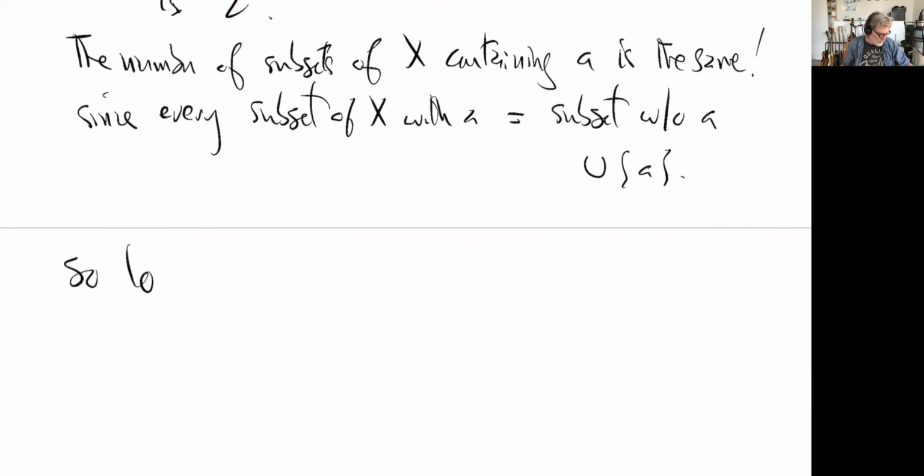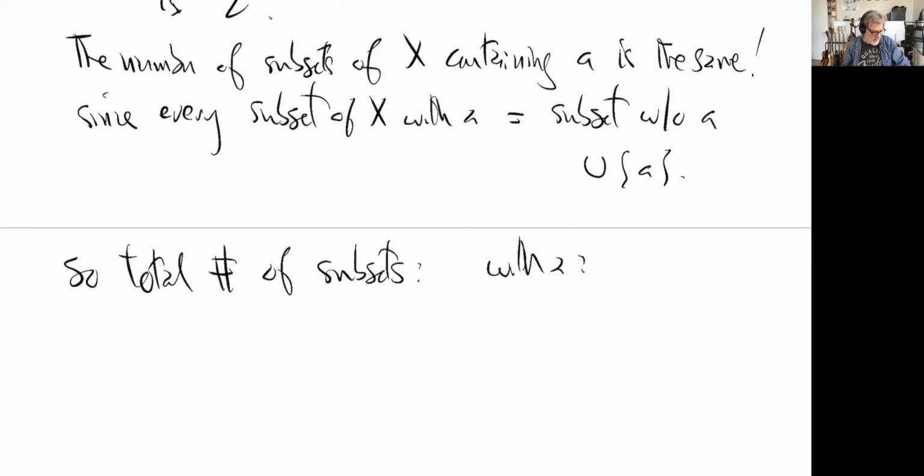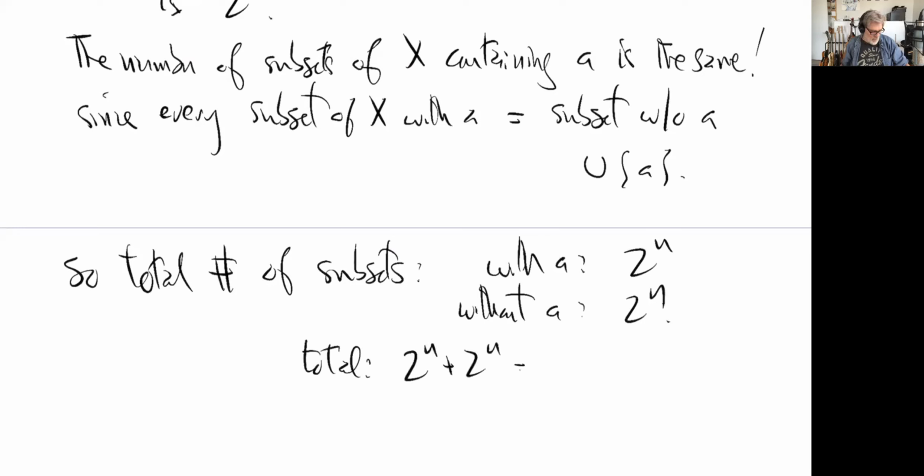So total number of subsets: with A, 2 power n. Without A, 2 power n. So total 2 power n plus 2 power n, which is 2 times 2 power n, which is 2 to the power n plus 1.